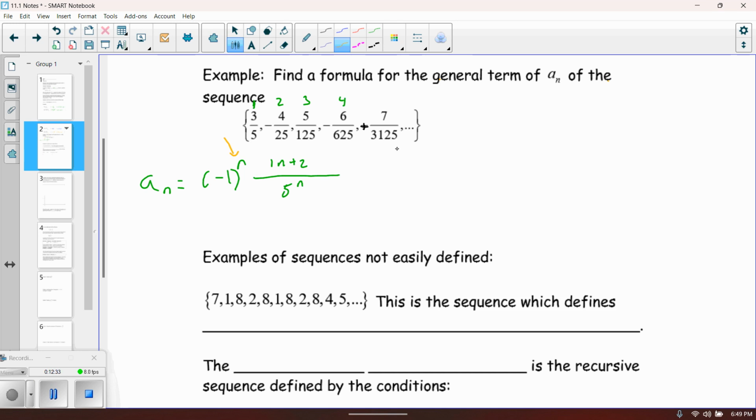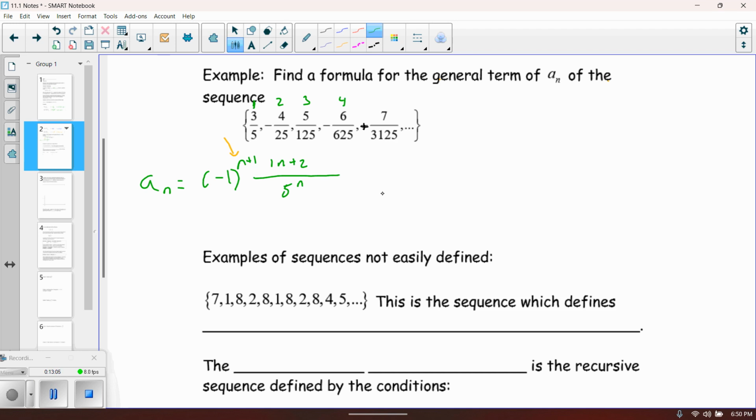What I need to do is add 1 to my exponent, because now if I plug in 1, the exponent becomes 2, which means -1 squared is a positive number. So it makes that first term positive. And then when I plug in the next number, it'll become odd, which will make it negative, and so on. So if you're backwards when you plug in n originally, just add 1 to it, and then you're going to make it the right way.